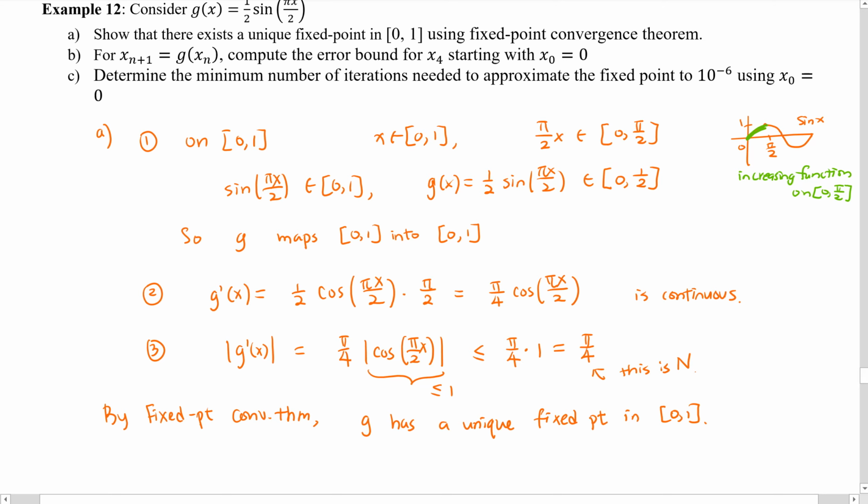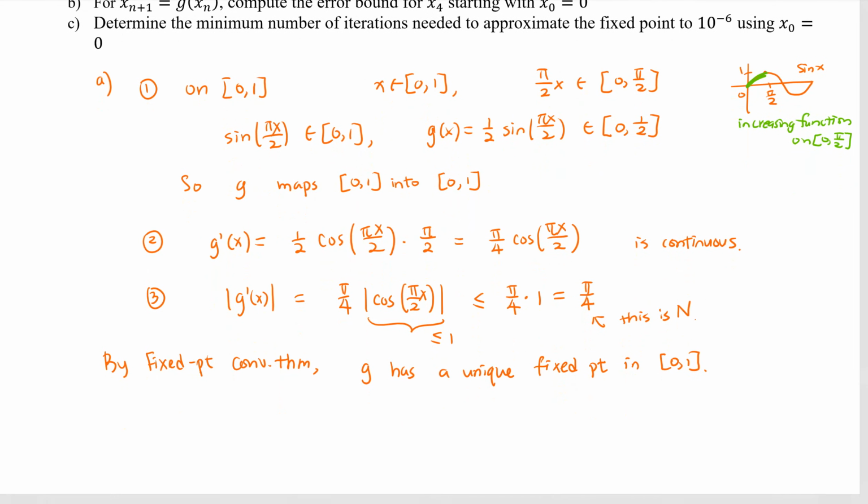Okay, and then for the iterative scheme x_{n+1} equals g of x_n, compute the error bound for x4, starting with x0 equals 0. Okay, let's look at the interval. The interval is 0 to 1, right? And x0 is here.